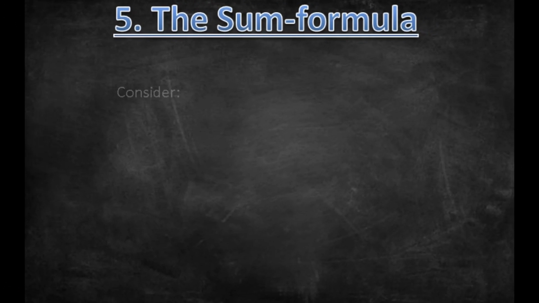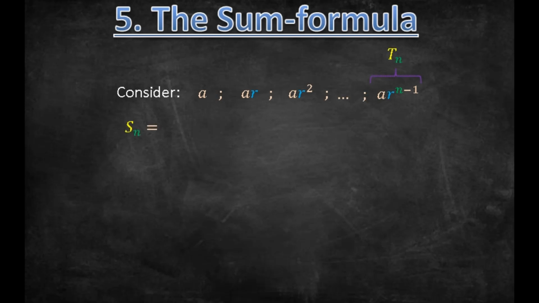Let's consider the geometric sequence A, AR, AR squared, all the way up to AR to the n minus 1. The sum to n terms S sub n will equal A plus AR plus AR squared plus all the way up to AR to the n minus 1.